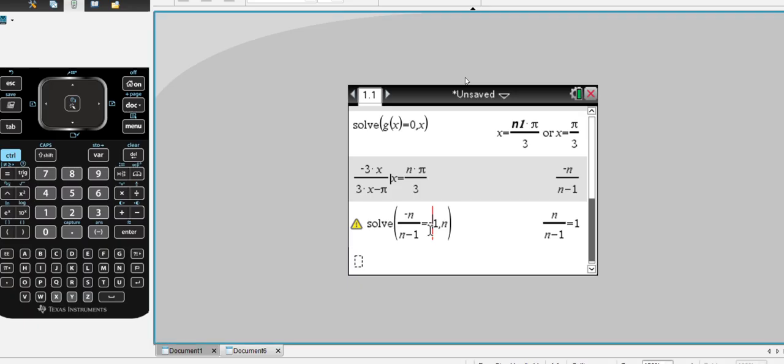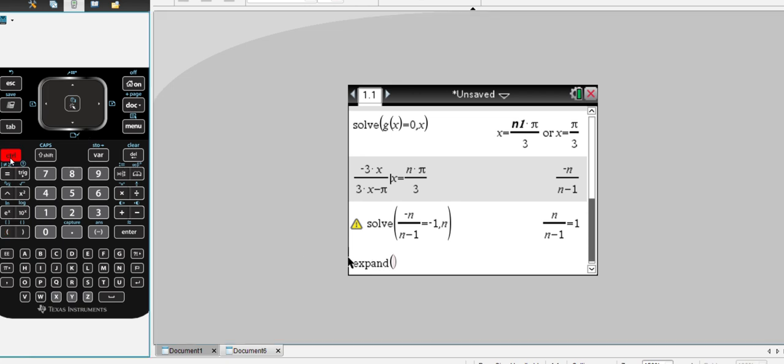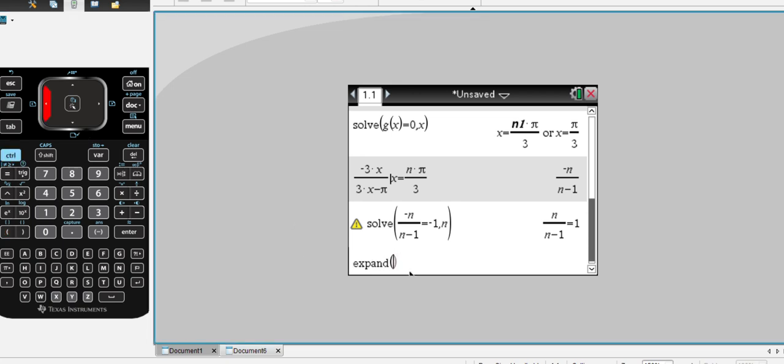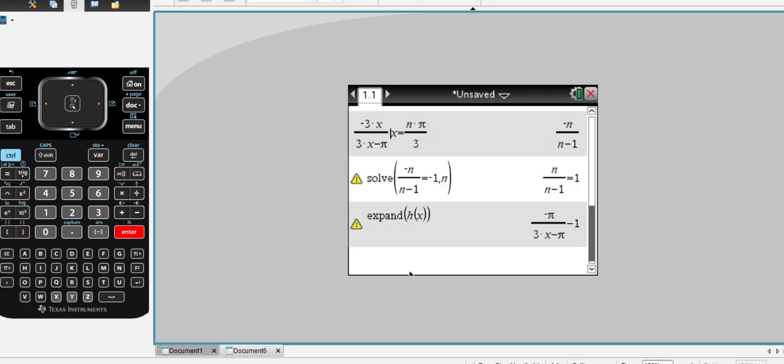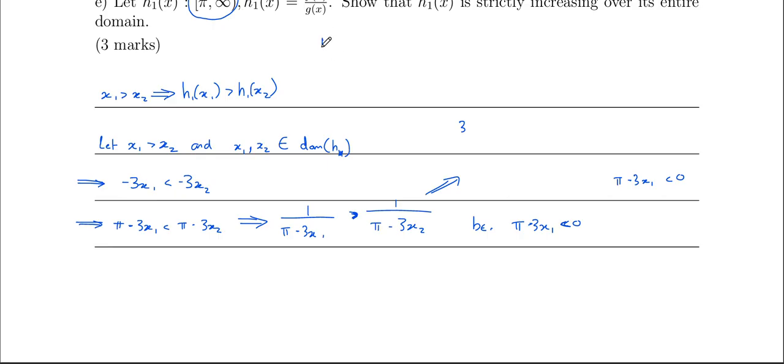So before that, I'm just going to expand this quickly, it's equal to that, just a different form.